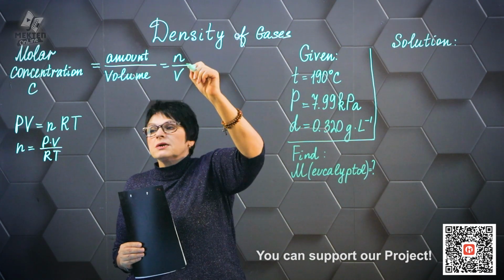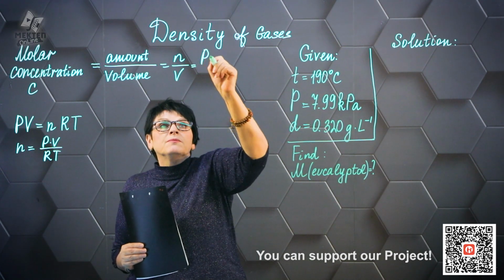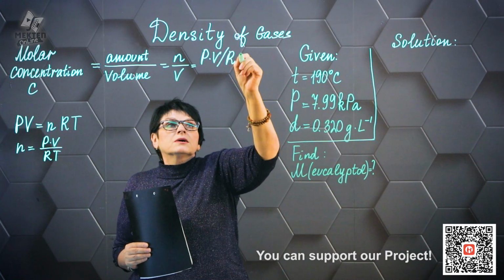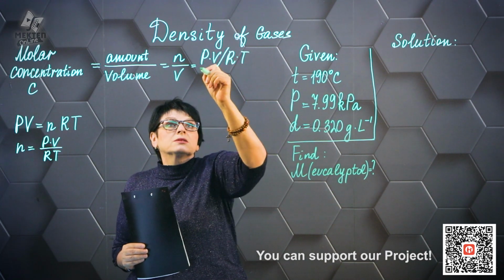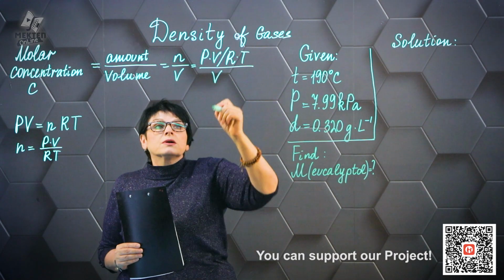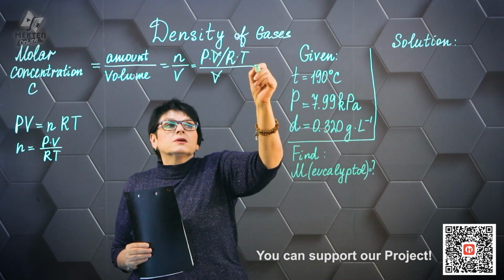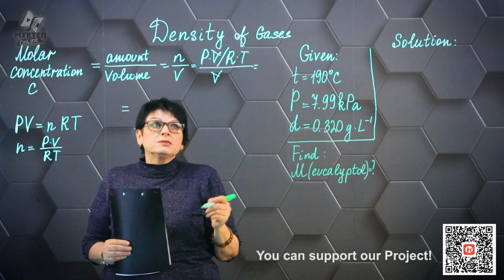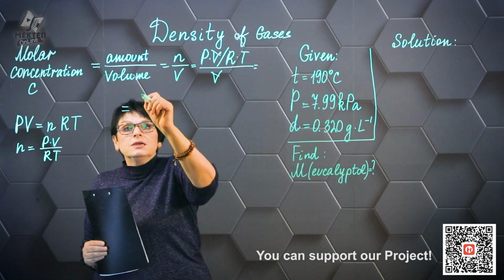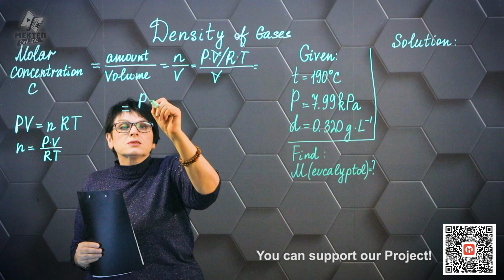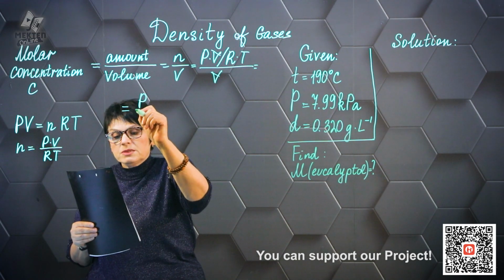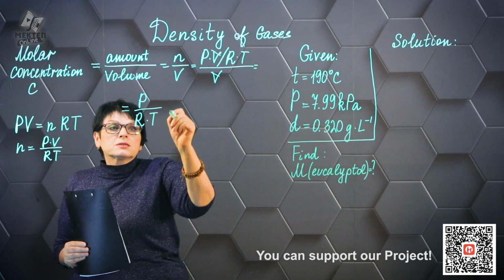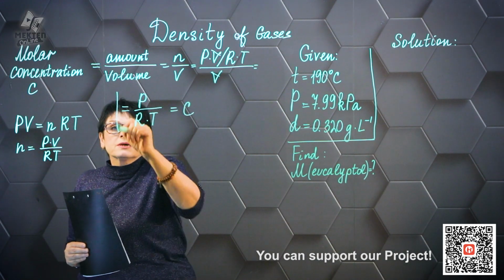Instead of n, the amount of substance, we substitute P multiplied by V divided by R multiplied by T, and divided by V. It's easy to see that V in the numerator and in the denominator are safely reduced. What we have is P divided by R times T. That's the molar concentration for the gas.